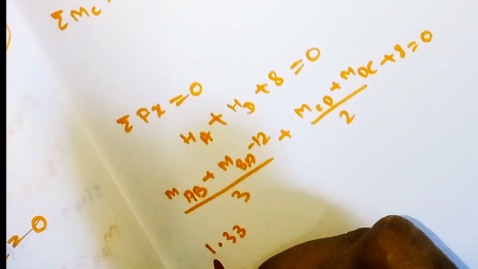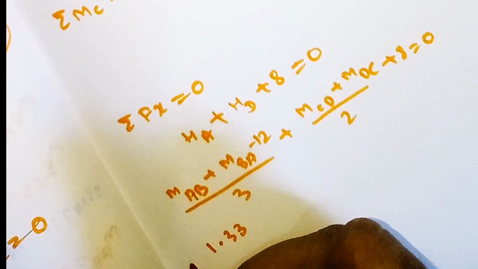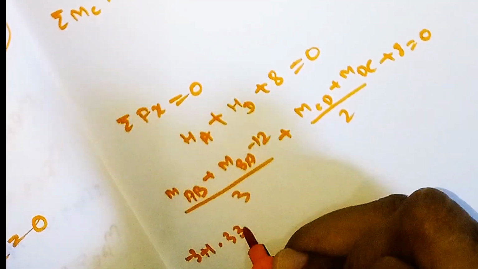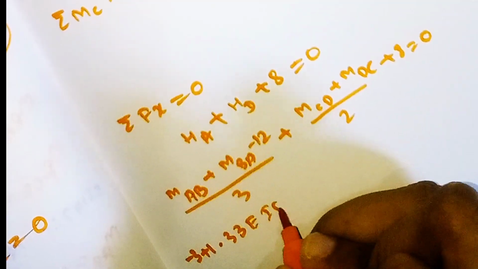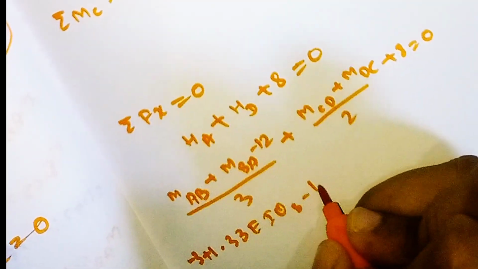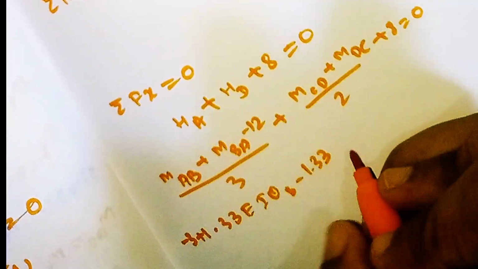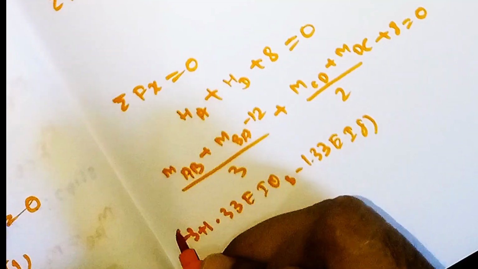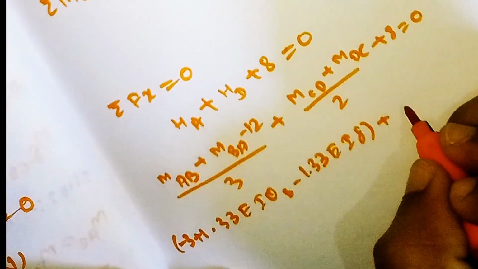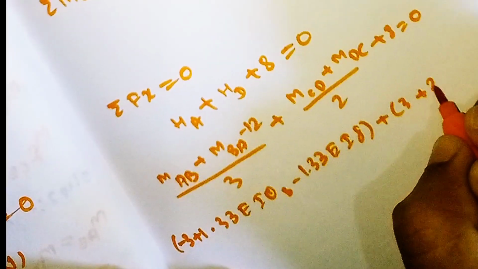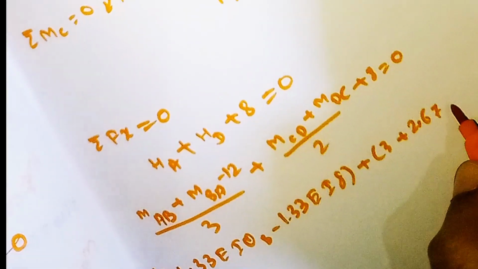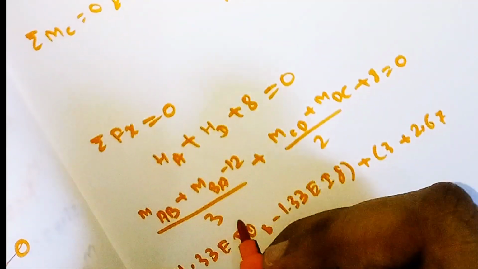Our MAB value is minus 3 plus 1.33 EI theta B minus 1.33 EI delta, plus 3 plus 2.67. Whatever we got, we need to substitute all the values.